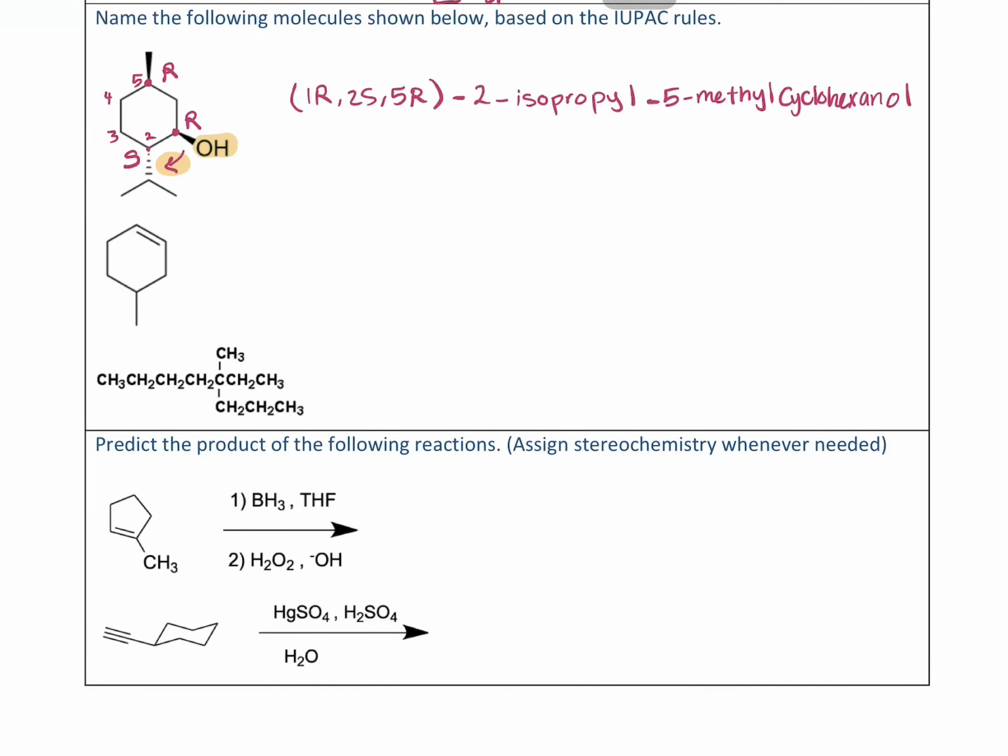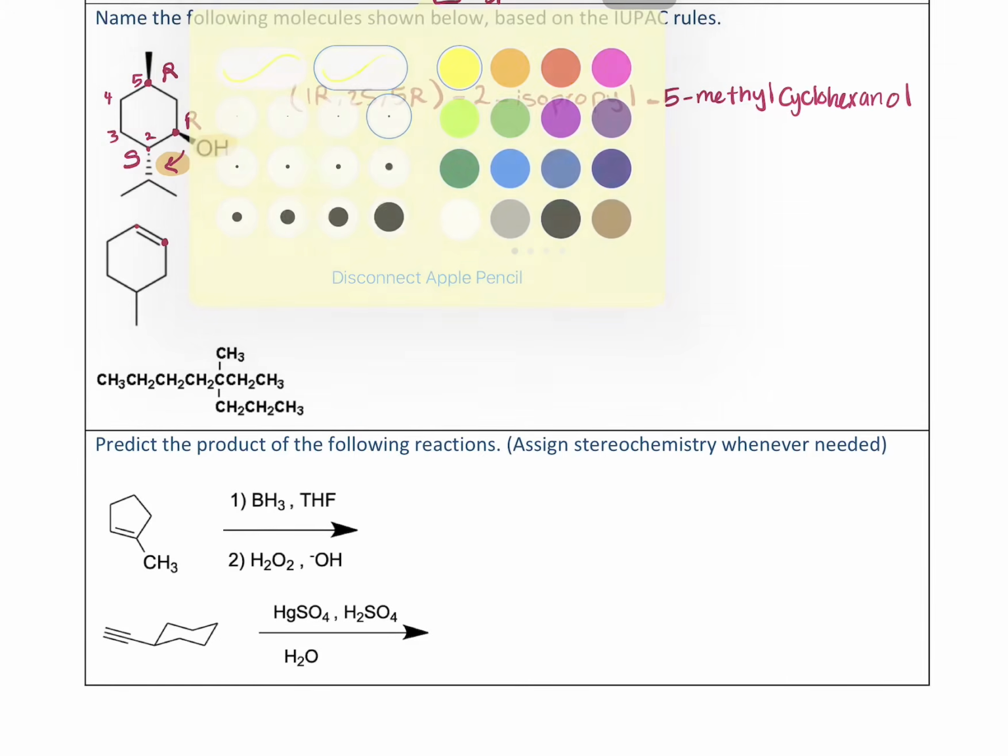And yeah, for the second one, we have this double bond in the ring, which is really important. The most common mistake that I see students make is starting from this side of the double bond and going like 1, 2, 3. But don't forget that you need to cover the double bond. That's really important.